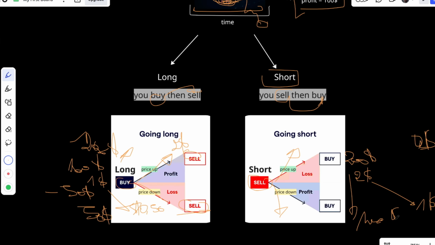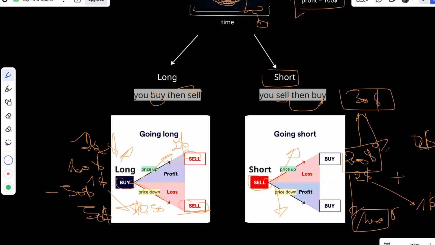If it goes up, it's now $300. But remember, we are selling then buying. So you would have sold at 200 and bought at 100, meaning you profit. If price goes up, you buy at 300 and sell at 200, which means you lost money.